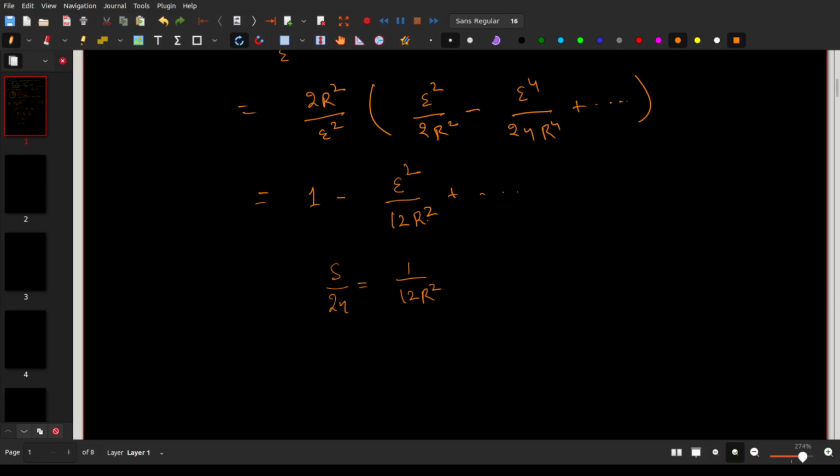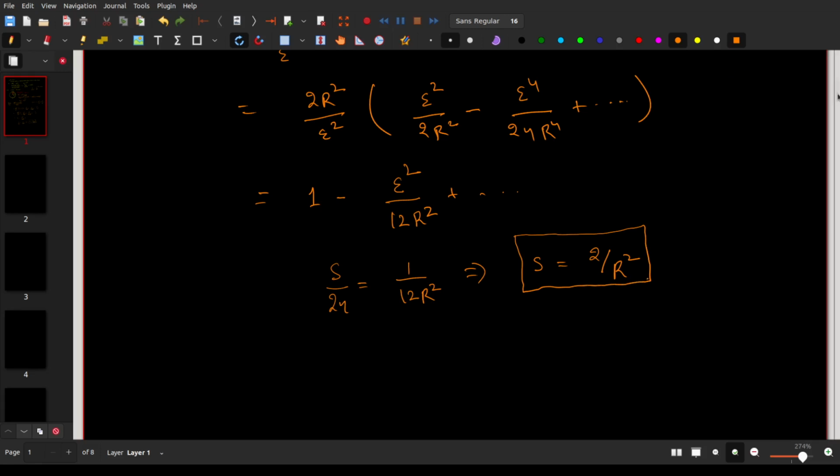This 1 by 12 r square, which is the coefficient of epsilon square, should be the Ricci scalar divided by 24. So this implies that the Ricci scalar of the two sphere is 2 by r square, where r is the radius of the sphere. So this is our Ricci scalar for the case of a two-dimensional sphere of radius r.